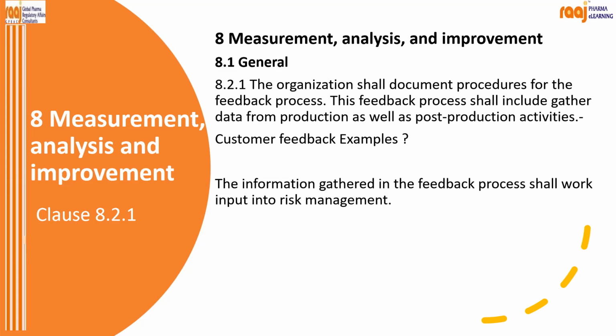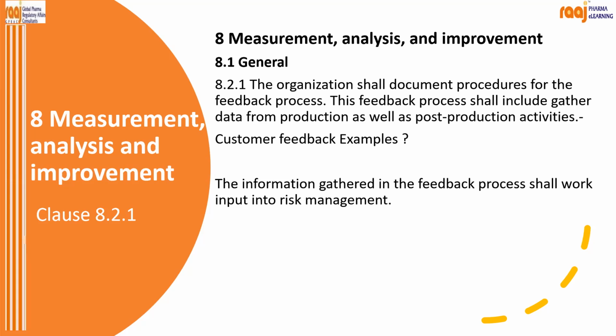For example, if for 20 products only 18 pieces are received, two products are missing. Sometimes if you get the same type of negative feedback two to three times, you have to identify the risk, right? The information gathered in the feedback process shall be input into risk management, correct?